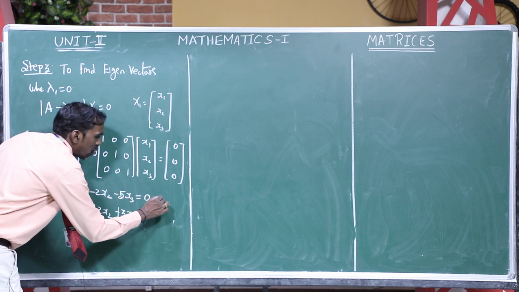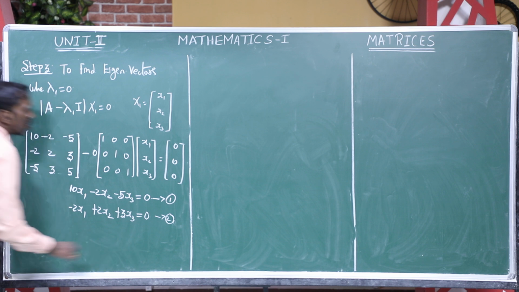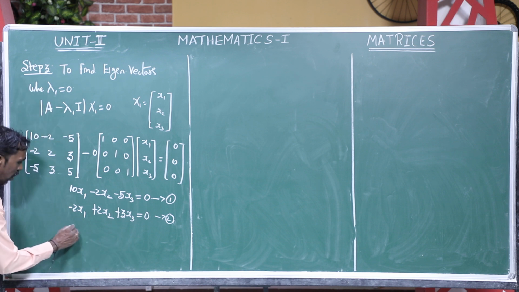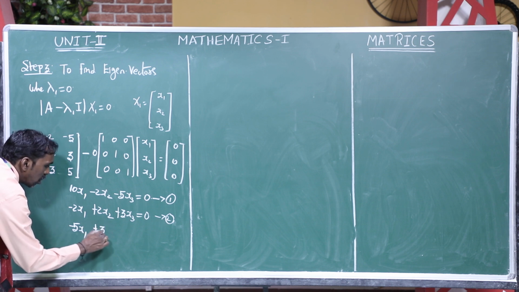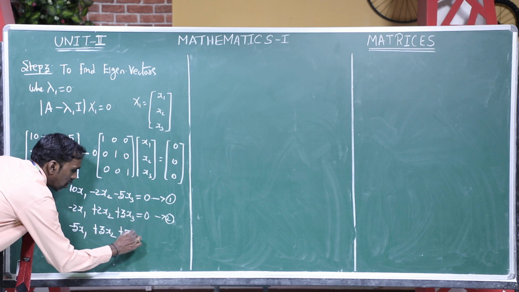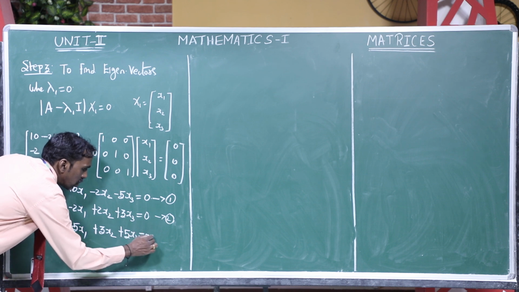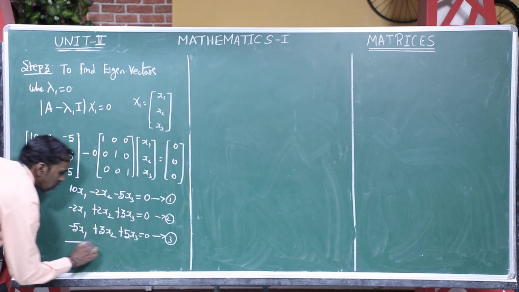This is equation number 1, then this is our equation number 2. The next: minus 5x1 plus 3x2 plus 5x3 equal to 0. So this is our equation number 3. We got the 3 equations.